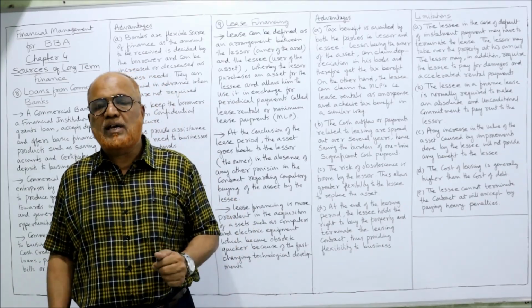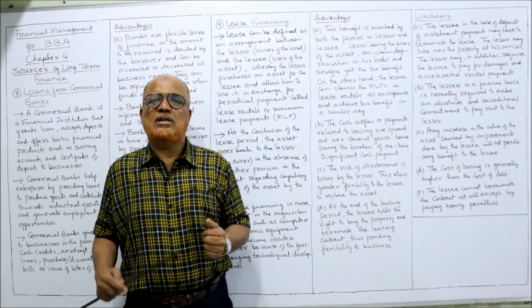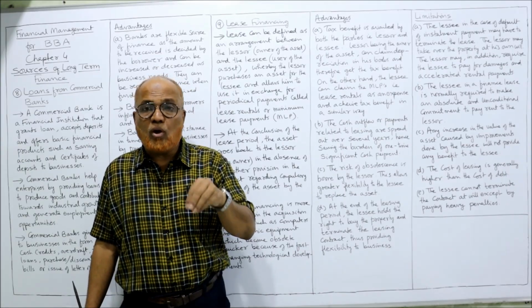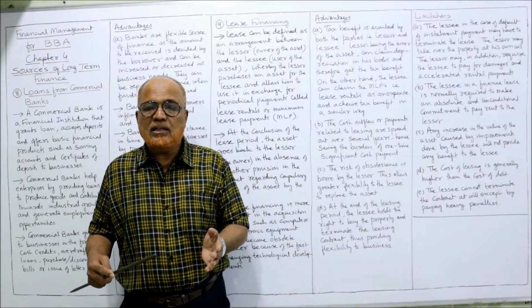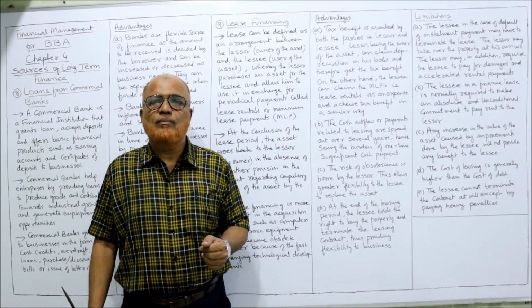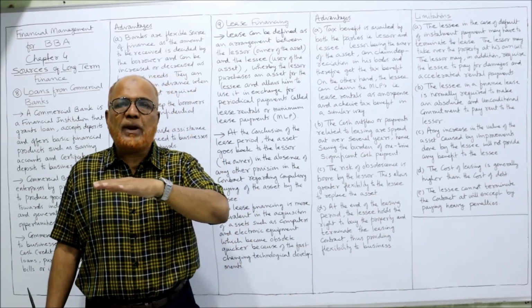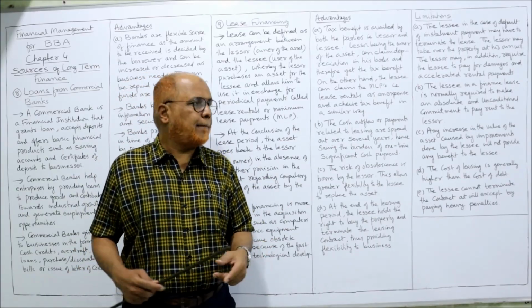Example, the cost of the asset is 20 lakh, but the business does not have 20 lakh. There is a cash flow problem, but the business wants the asset. So leasing is best, because by taking the asset on lease, the business can use the asset without paying any lump sum amount. The amount is spread over a number of years, so the cash flow problem will not be there.